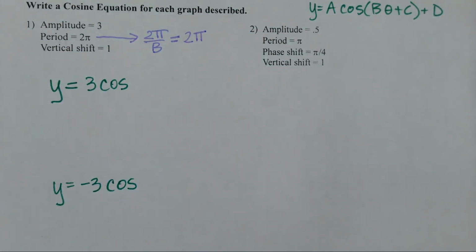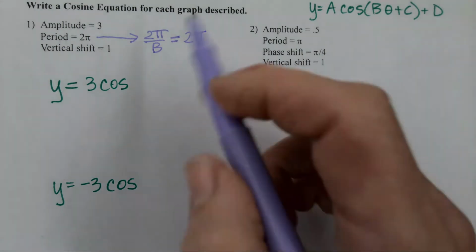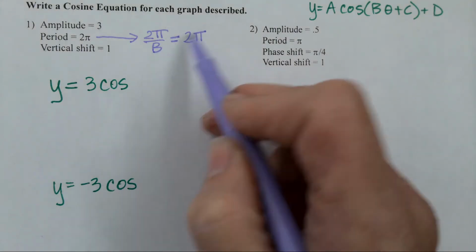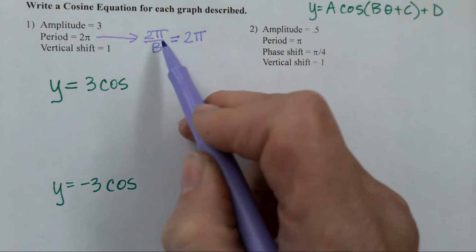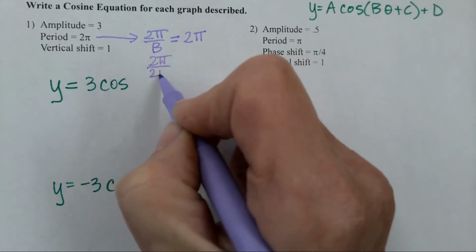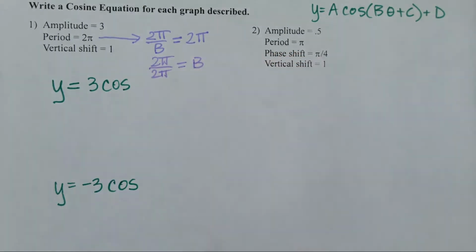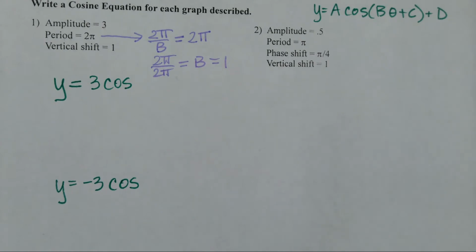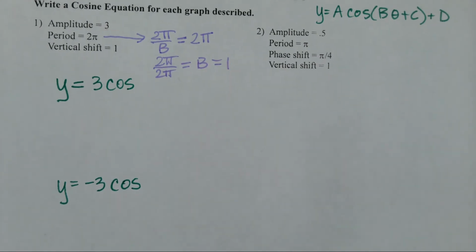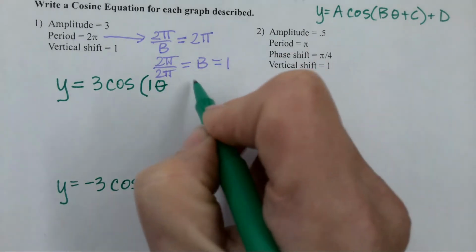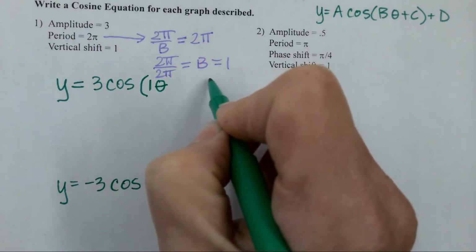So I have to just do a little bit of algebra here. The algebra isn't too terrible. I want to solve for b, so I can just flip-flop these two things. We've done that before. I multiply the b and then divide out. So 2 pi over 2 pi will give me b. What's b? 1. Great. So if I'm working through this equation right now, I have 1 theta. I have to figure out the rest in a little bit.